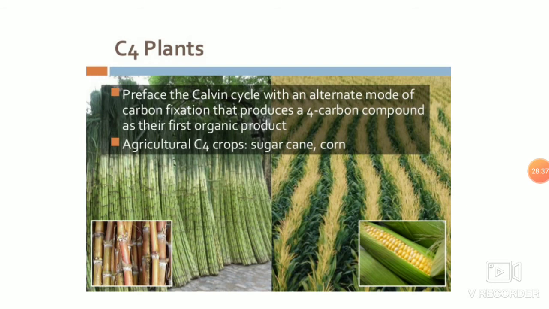So certain species of plants such as sugarcane, corn, and most importantly wheat have a metabolic cycle that concentrates carbon dioxide in their photosynthetic cells, totally preventing photorespiration.